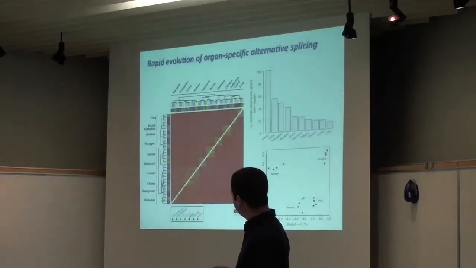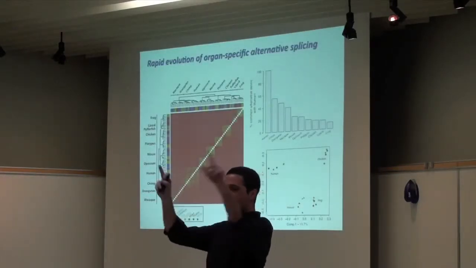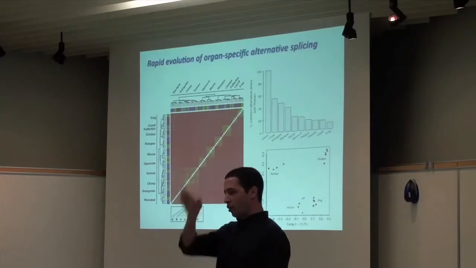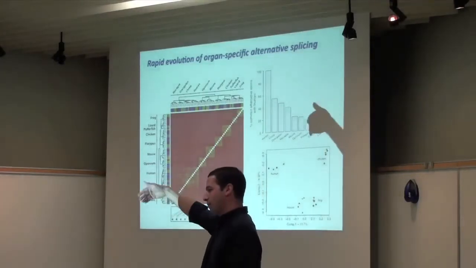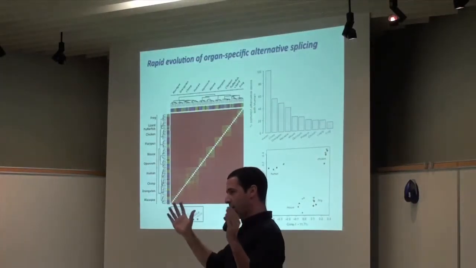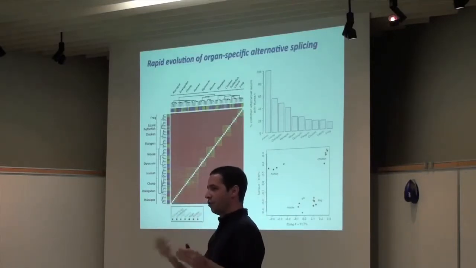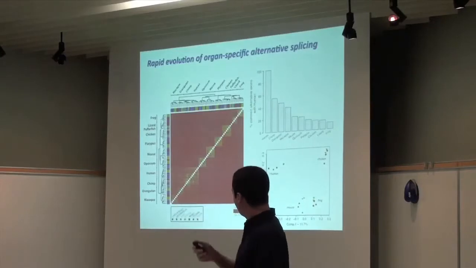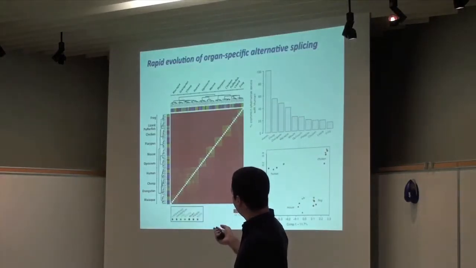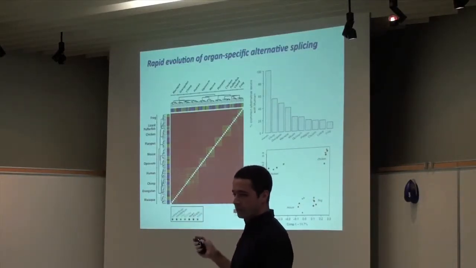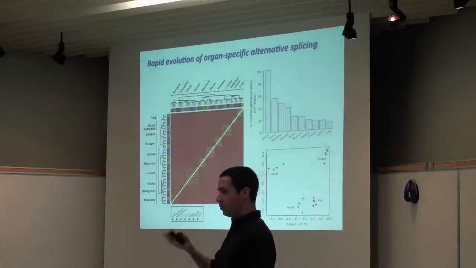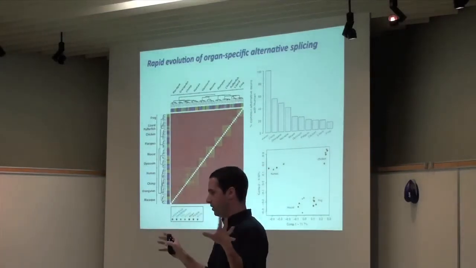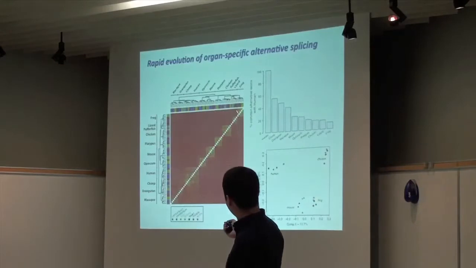And what we find when we take this huge matrix with all the exons and all the inclusion levels across all the samples in all species, for all the exons that show some evidence in at least one sample for alternative splicing, is that when you cluster all these samples together, they cluster by species with no exception. Remember that for gene expression we have these things clustered by tissue; for alternative splicing they cluster by species.